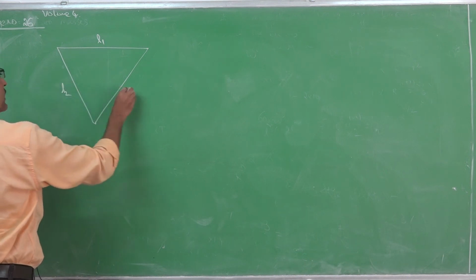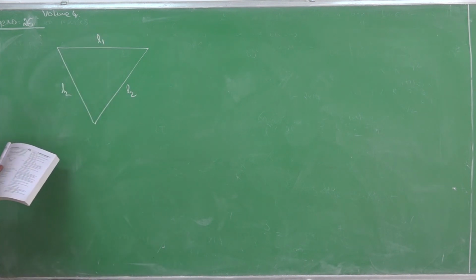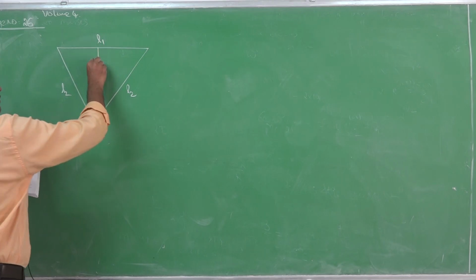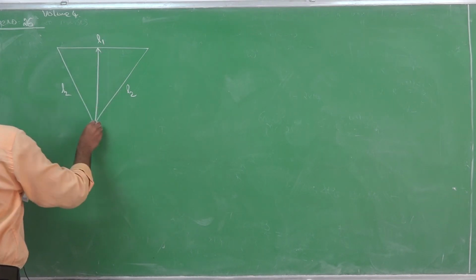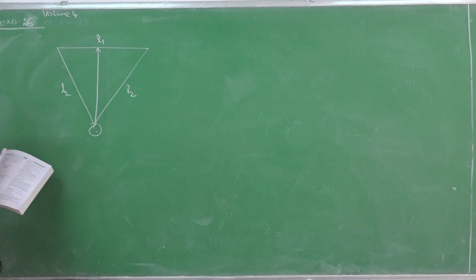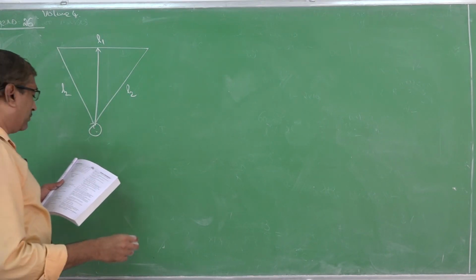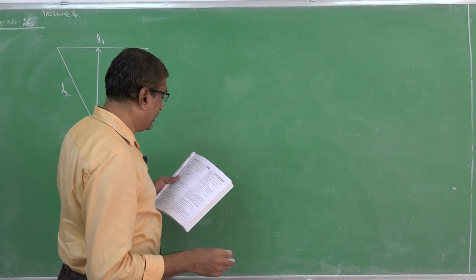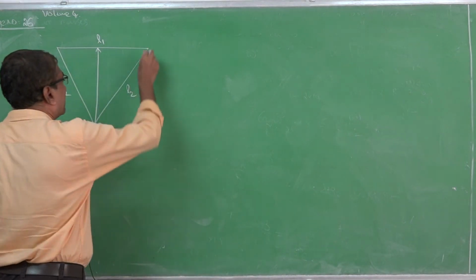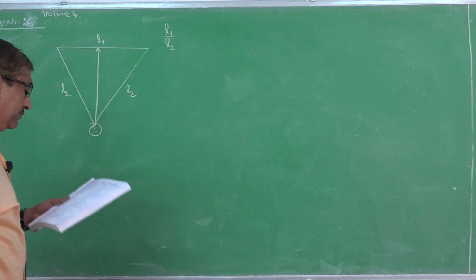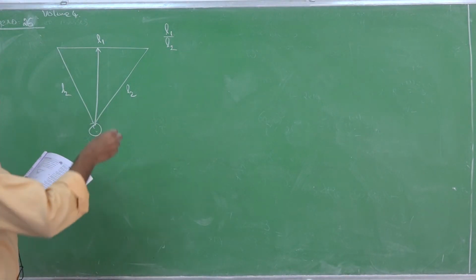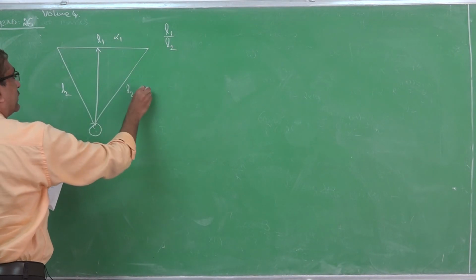These two are of length L2 and this is of length L1, so that this particular length remains constant, so that the length of the pendulum remains unchanged. You have to find the ratio of L1 by L2. The expansion coefficients are alpha 1 for this one and alpha 2 for this one.